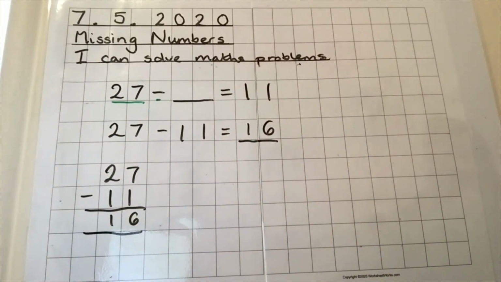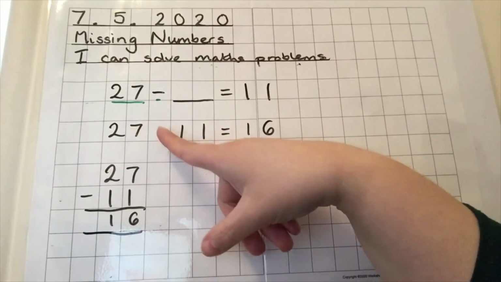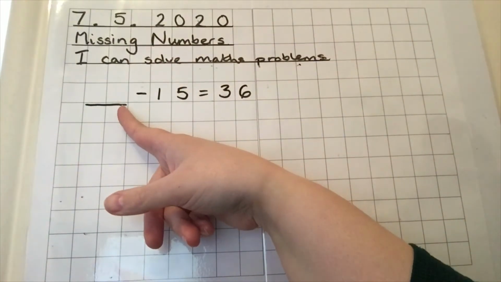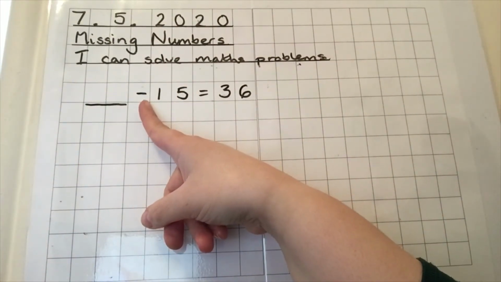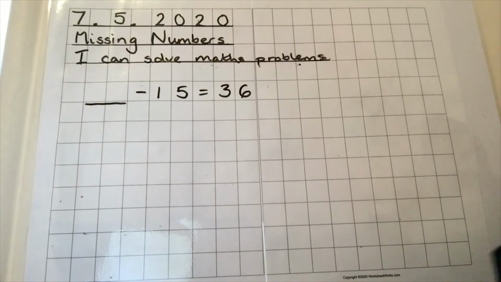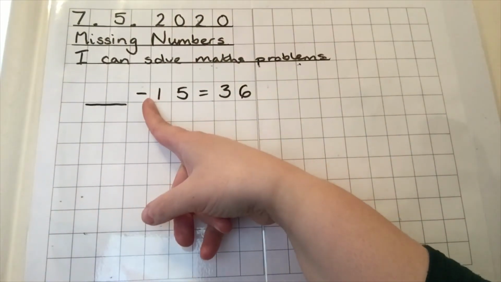But what would we do if the missing number is at the beginning of a minus sum? Okay, so now my missing number is at the beginning of a takeaway sum. If you remember, what comes first with a takeaway sum?